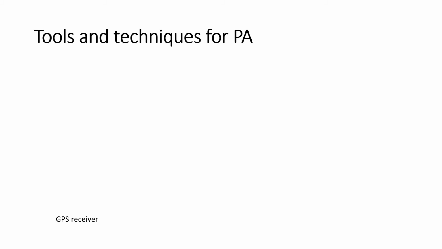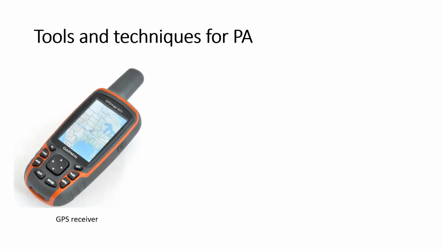So we are going to look at the tools and techniques that are important when it comes to practicing precision agriculture. We have a lot of types of tools, but here I'll just go through a few.